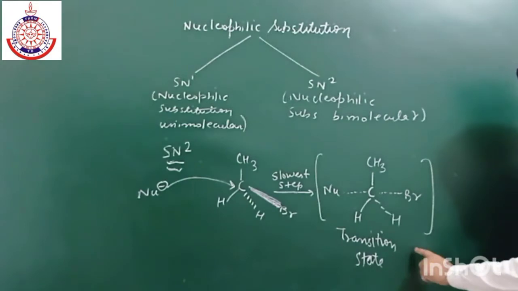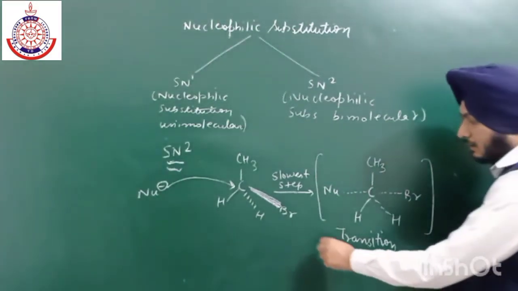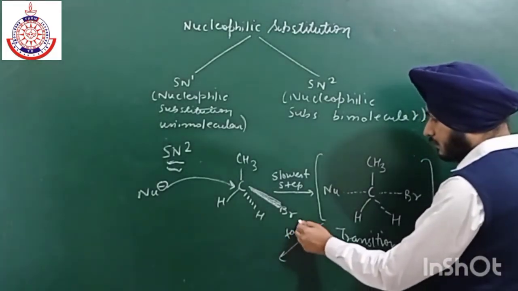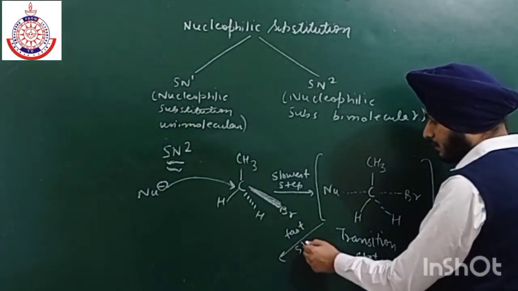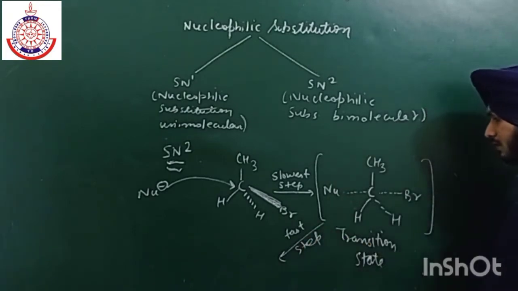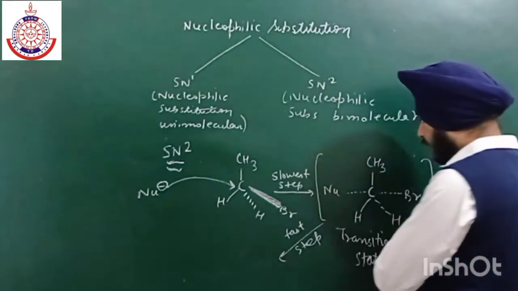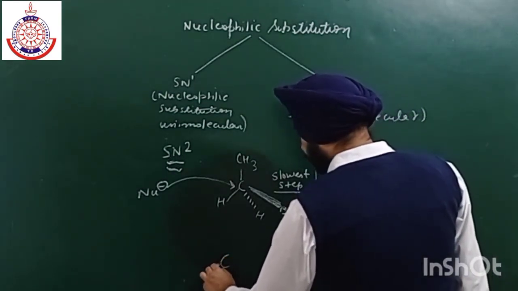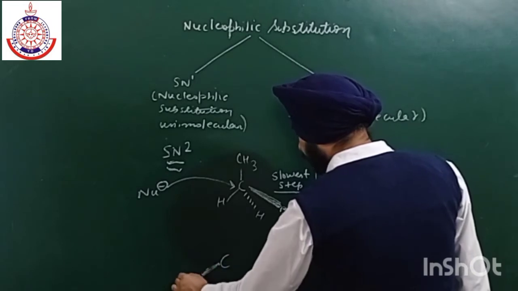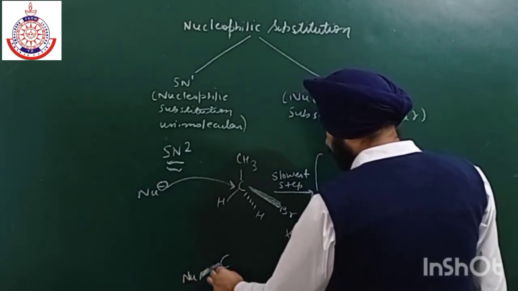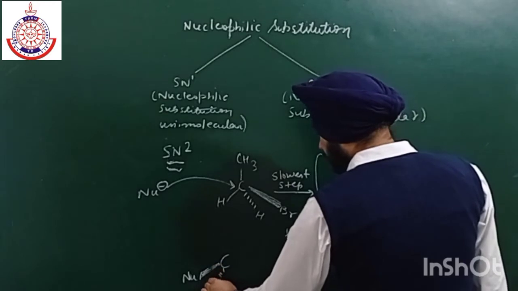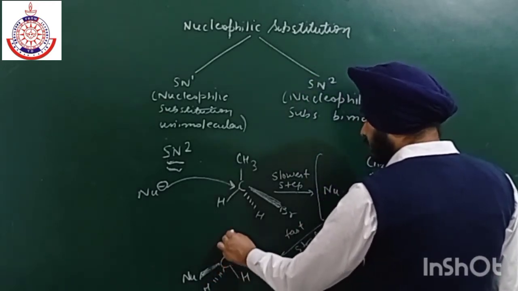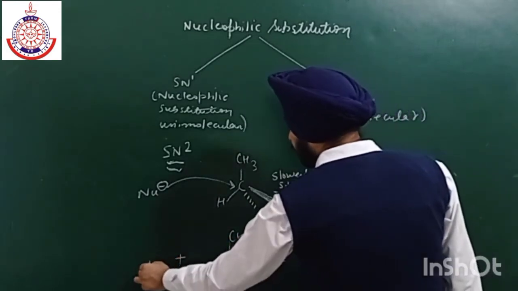Now this transition state is quickly converted into the product, this is a fast step, and Br leaves, and we will get a product like this: nucleophile, and we have hydrogen over here, and then we have hydrogen and CH3, and Br will leave.